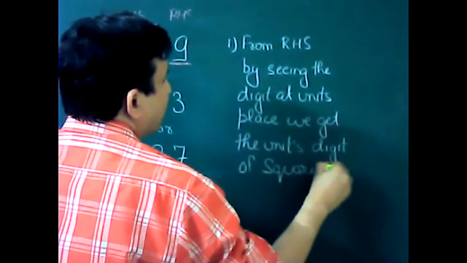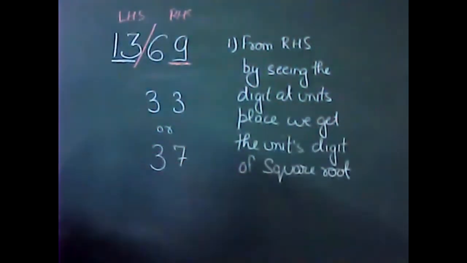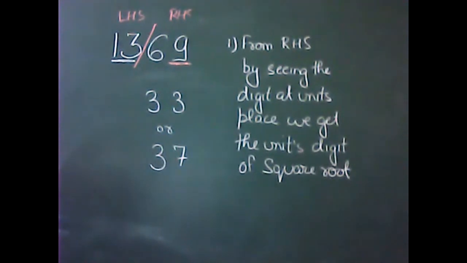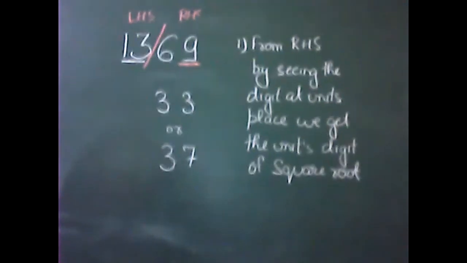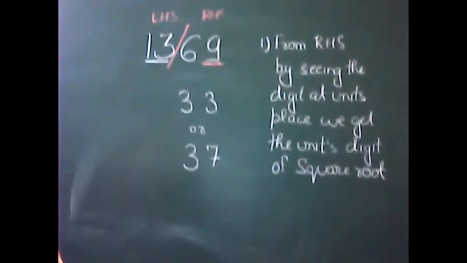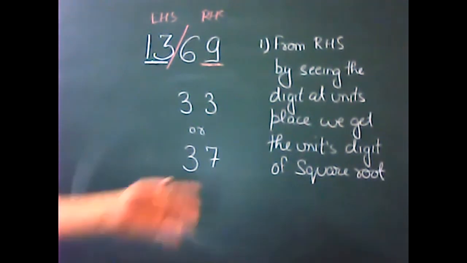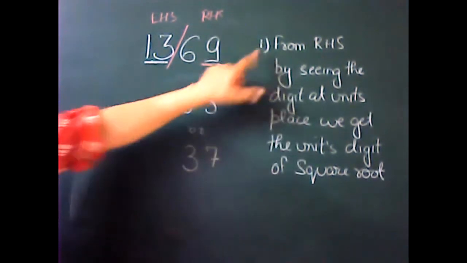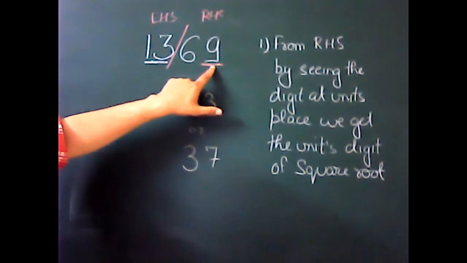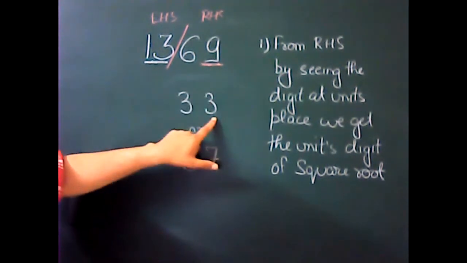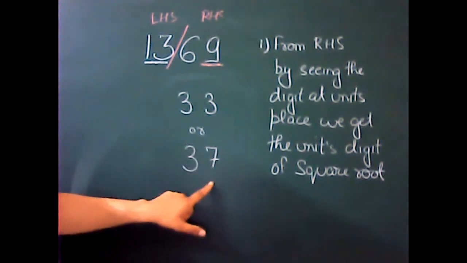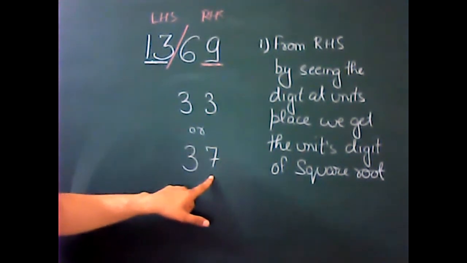I have a question on this LHS. Yeah, I'm going to explain. First of all, the RHS is clear. From RHS, by looking at the digit at units place of a perfect square, we get the digit of units place of the square root.